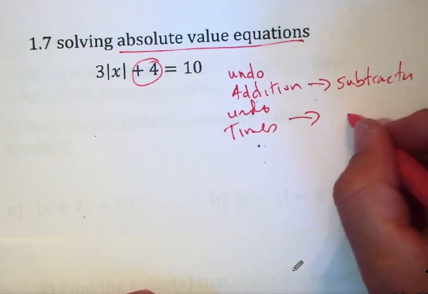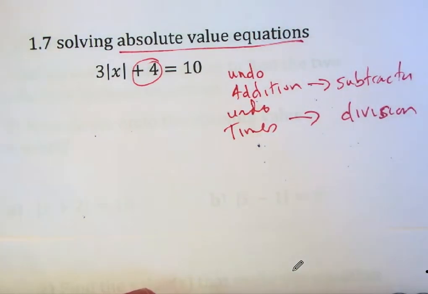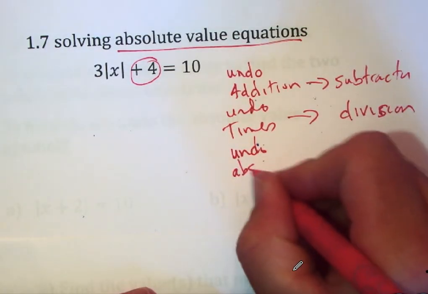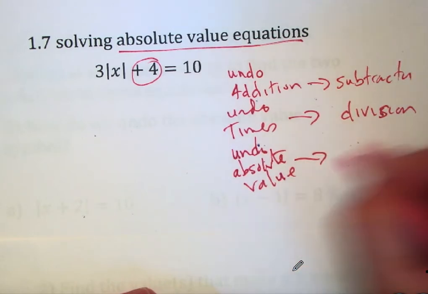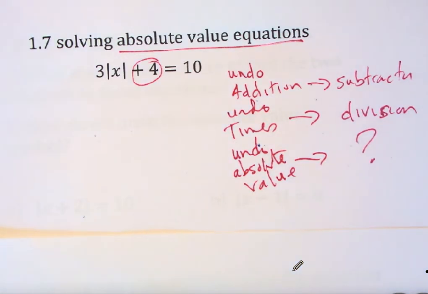And the big question is, how do you undo absolute value? Anyone know what operation undoes absolute value? Okay, we're going to try to figure that out today. How do we solve this? How do we undo absolute value?